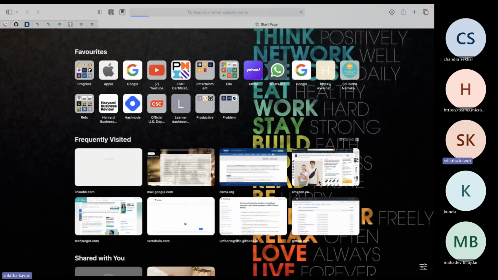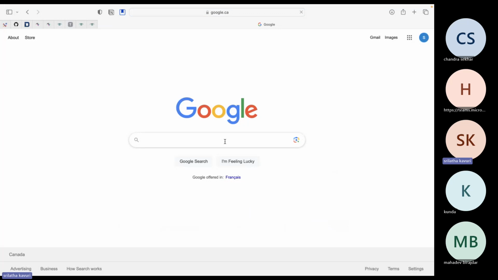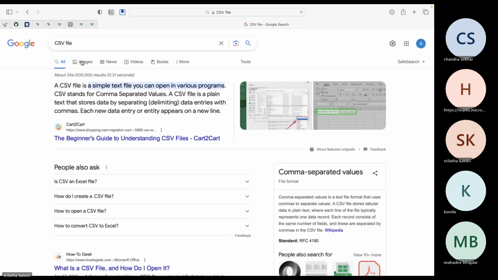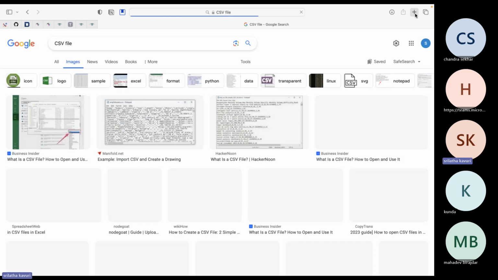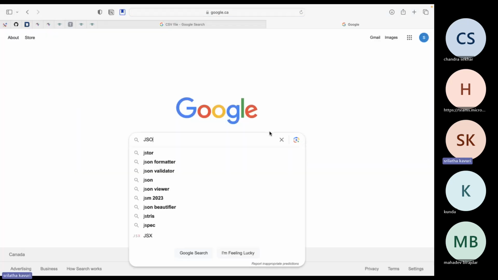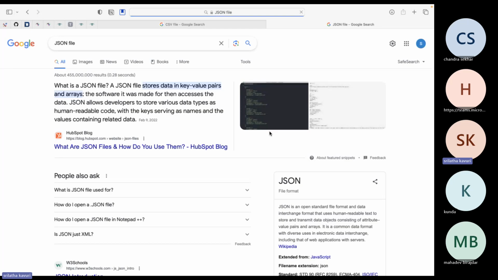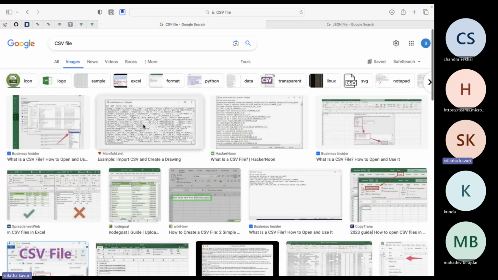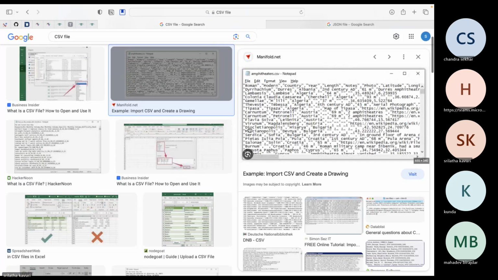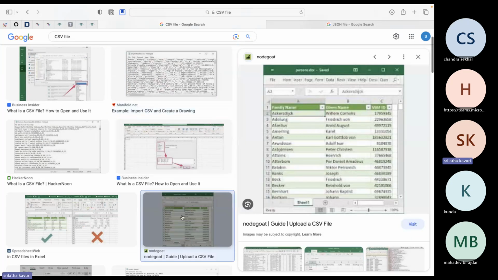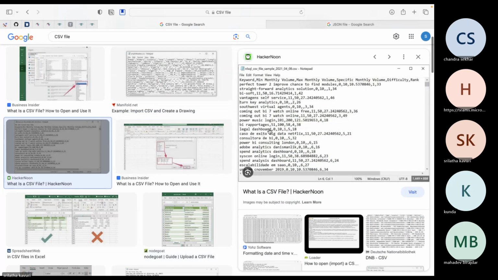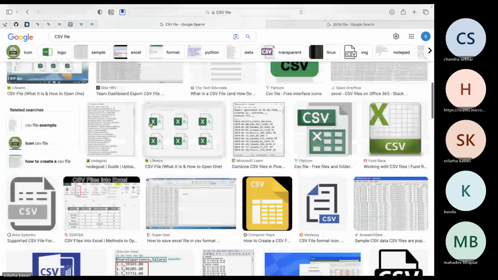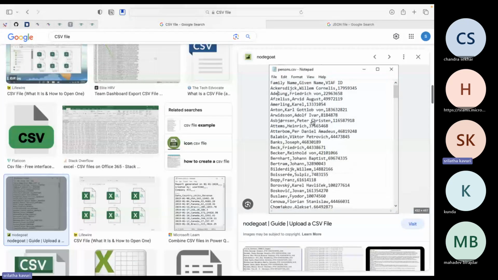Let's take a CSV file, and also a JSON file. Let me take a proper example. This is the file.